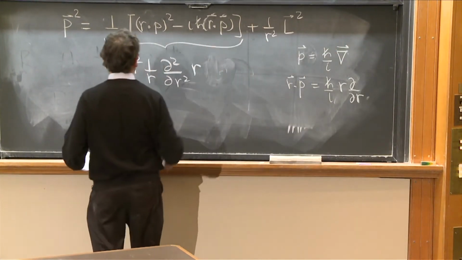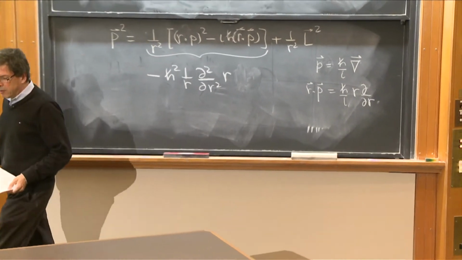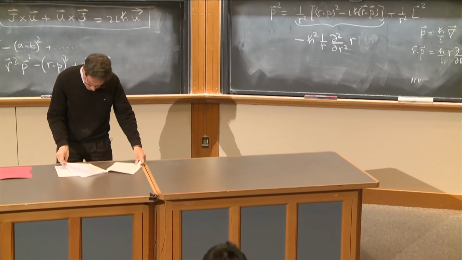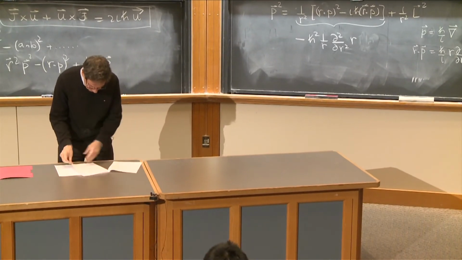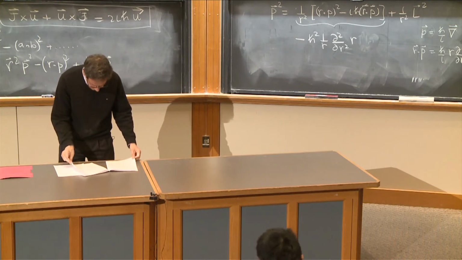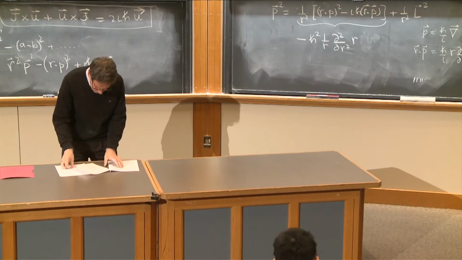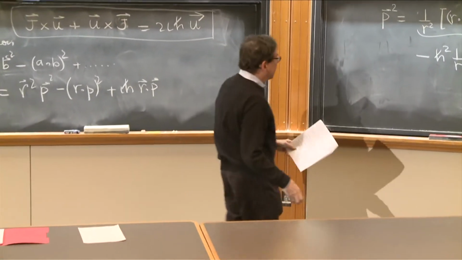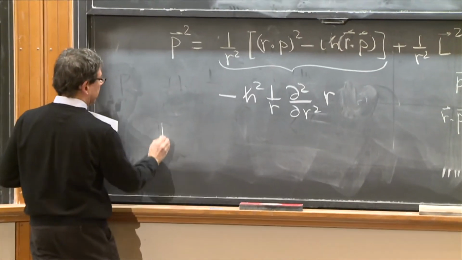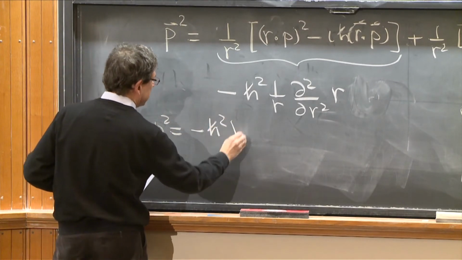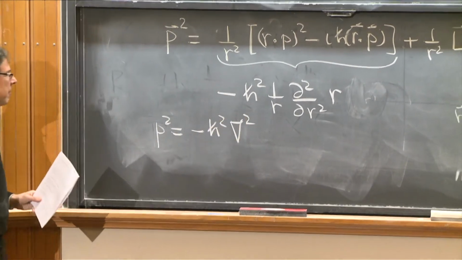So P squared is given by this. There's another formula for P squared. P squared is, of course, given by the Laplacian. P squared is also equal to minus h bar squared times the Laplacian operator.